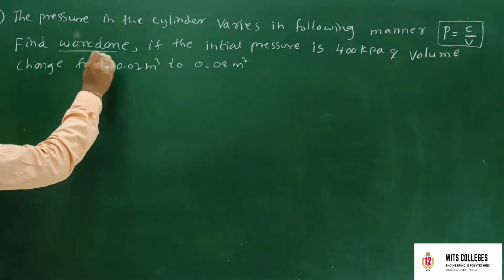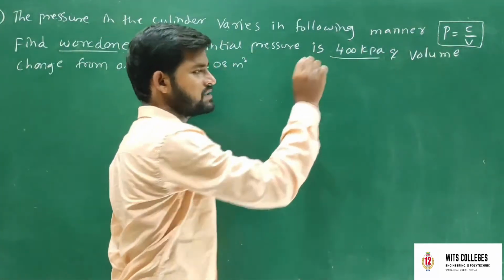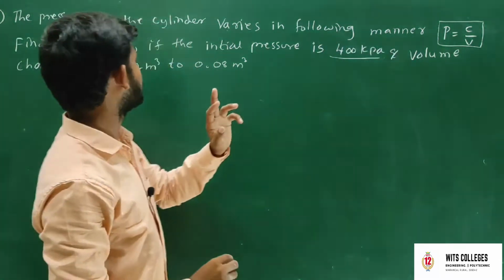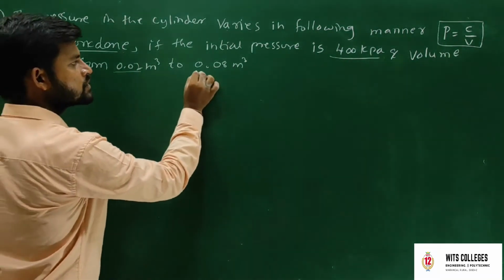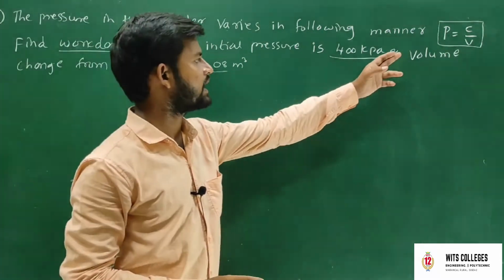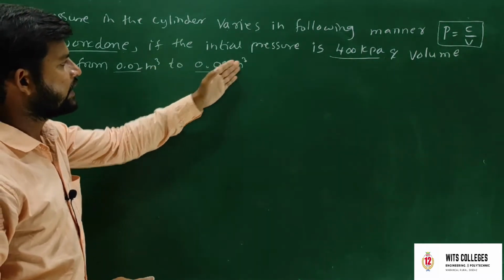In this manner, find the work done if the initial pressure P1 is given, and the volume changes from 0.02 to 0.08.